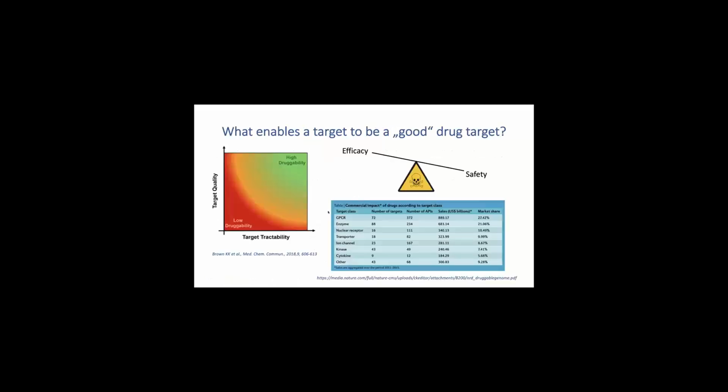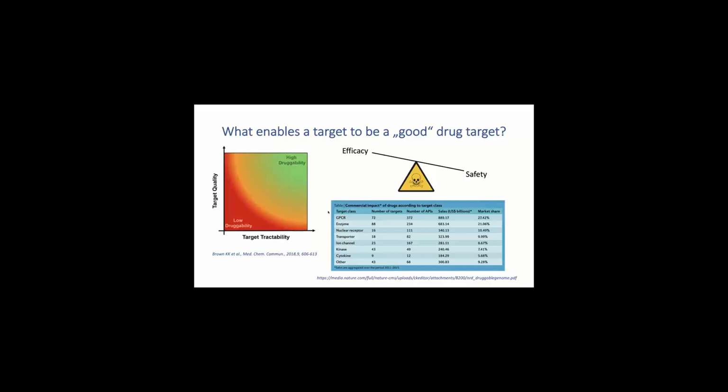But now moving from this chemistry level to the target level, because here I want to focus more on time aspects of targets. We have to ask the question, what actually enables a target to be a good target for drug discovery? And there are also many factors that drive this, right?